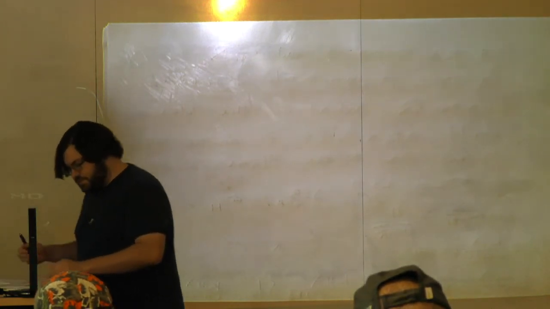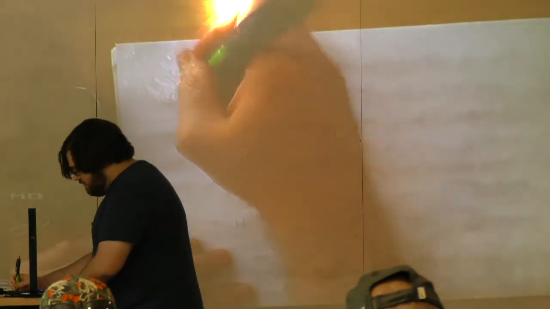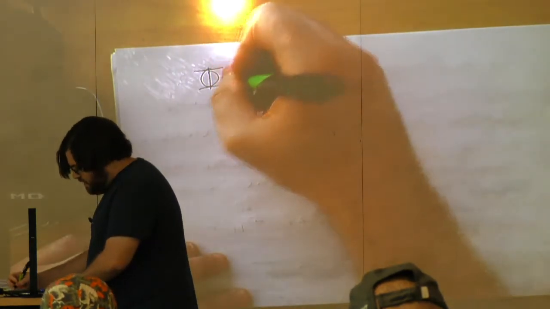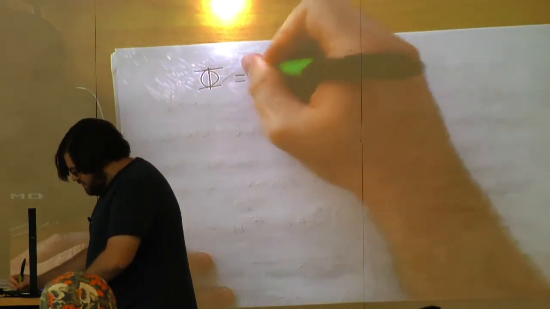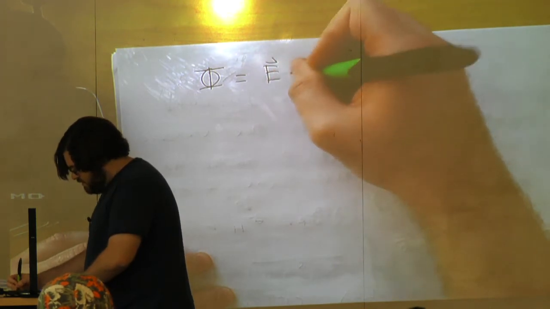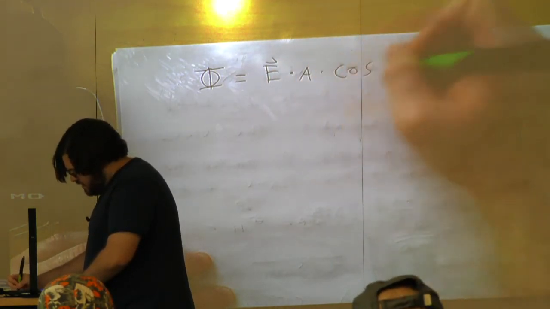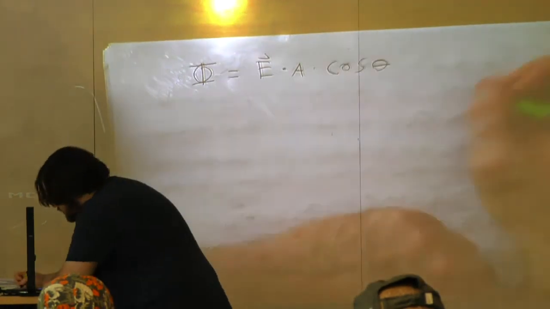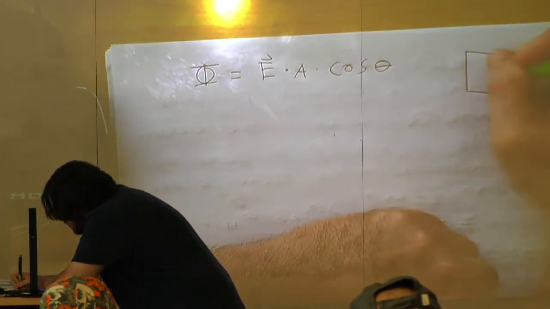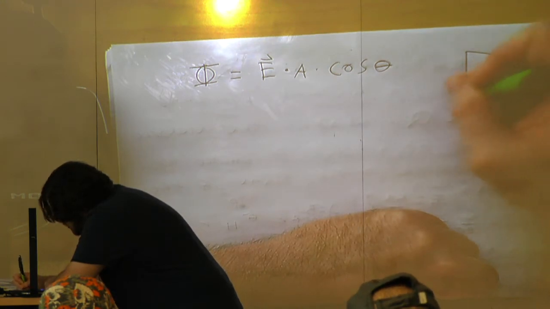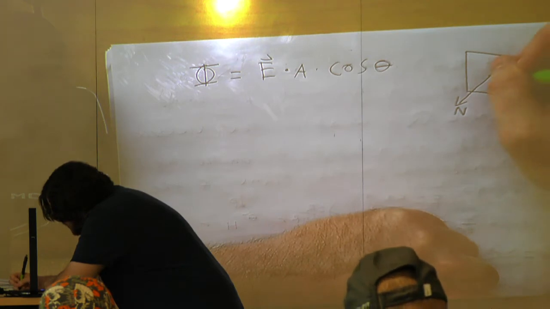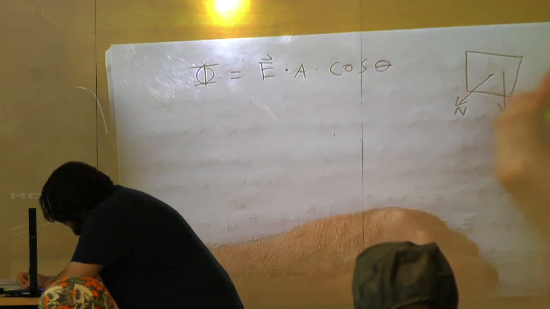Flux was originally defined as the field times the area times cosine theta, where theta is the angle between the normal vector and the field.